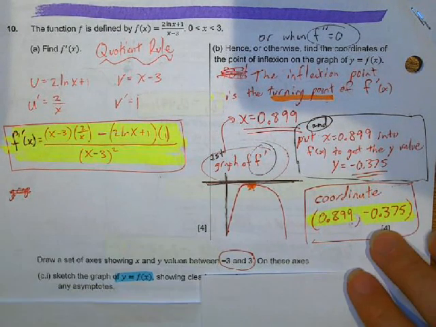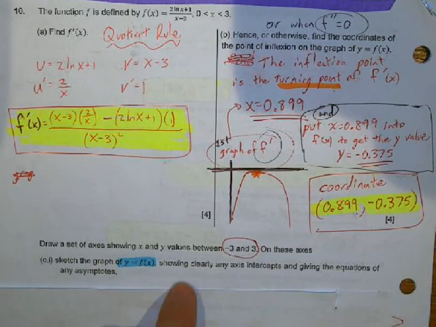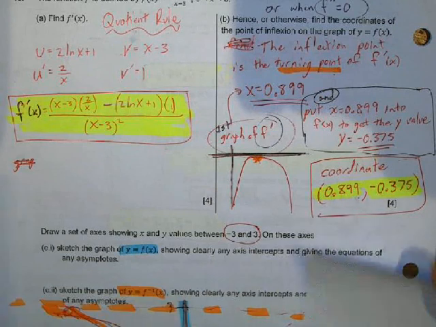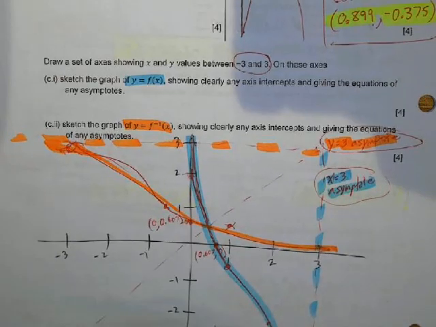Draw a set of axes showing this. So the first thing I did was I drew the blue graph. I think I need to draw the graph here so you can see what's happening.